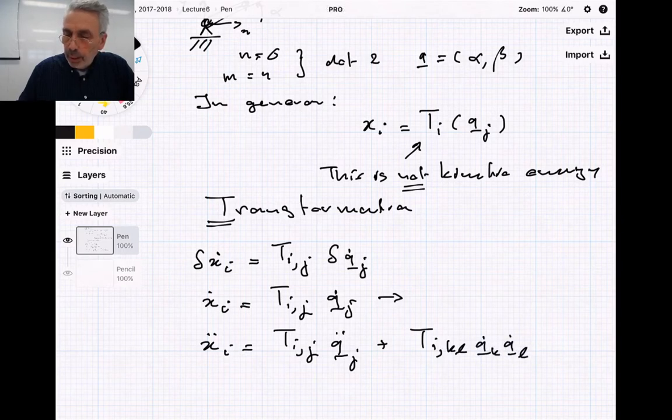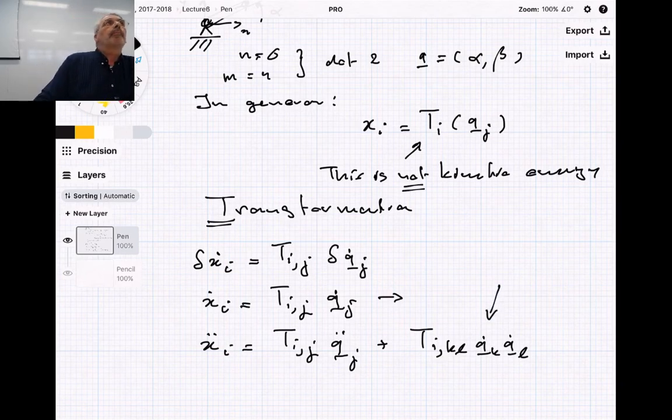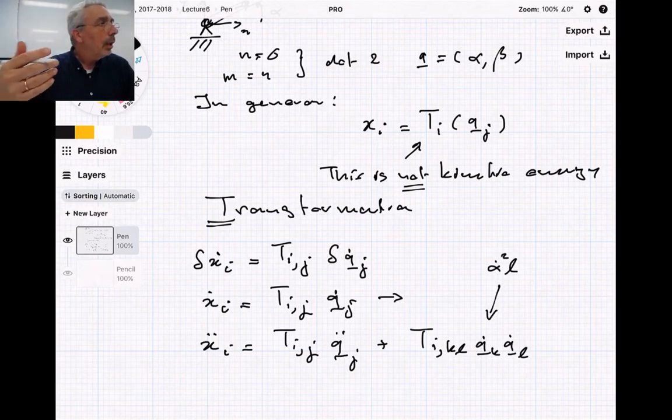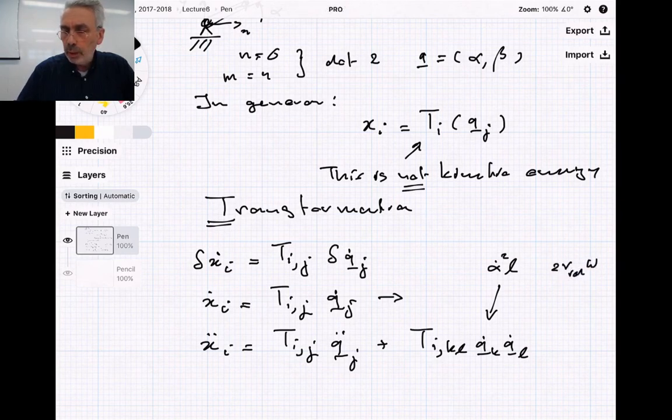And again, to exemplify, these are in the order of alpha dot squared L and those kinds of terms, centrifugal, all the accelerations which are quadratic in the velocity, but also 2 v relative omega.